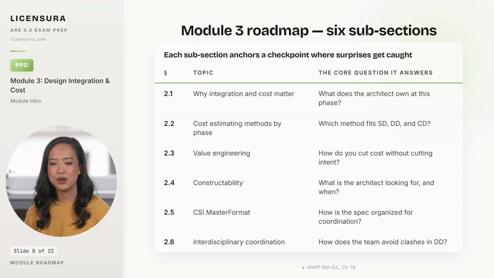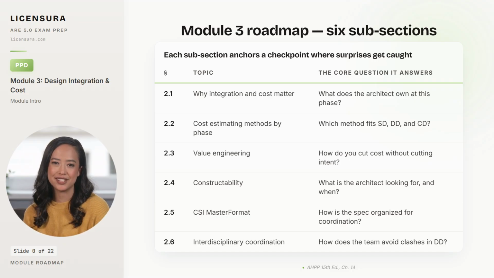2.3 defines value engineering as a disciplined process, function analysis, alternatives generation, life cycle evaluation, not a panic line item cut. 2.4 covers constructability review, what the architect looks for, what the contractor brings, and the milestones where the review happens. 2.5 walks CSI MasterFormat, the 50-division structure that gives the spec a predictable shape and helps trades find their work.